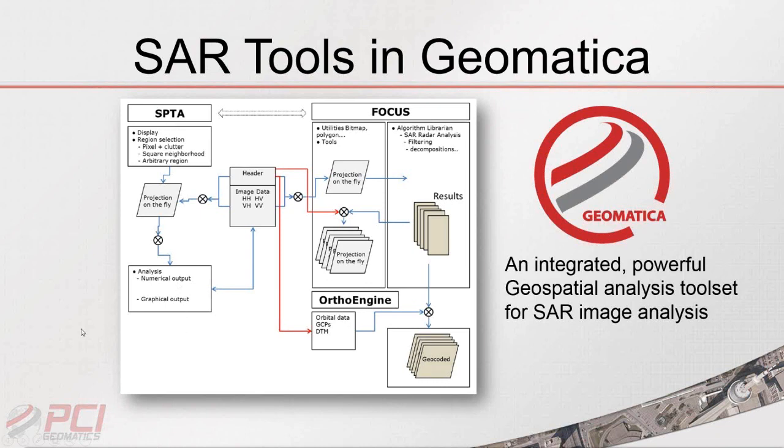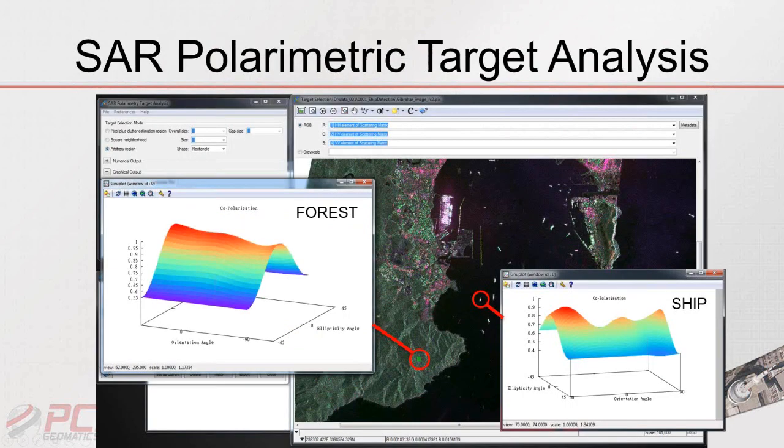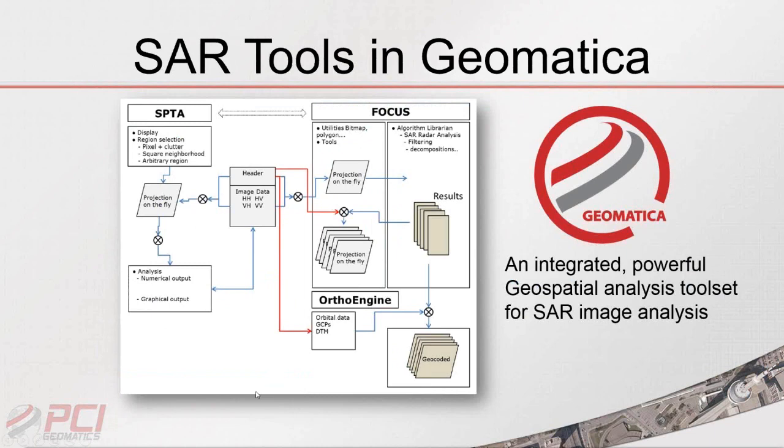It allows you to generate signatures and calculate numerical information from either the dual or the fully polarimetric data. We have Focus, which is our viewing and analysis environment where the user can interactively perform individual workflow tasks one by one.